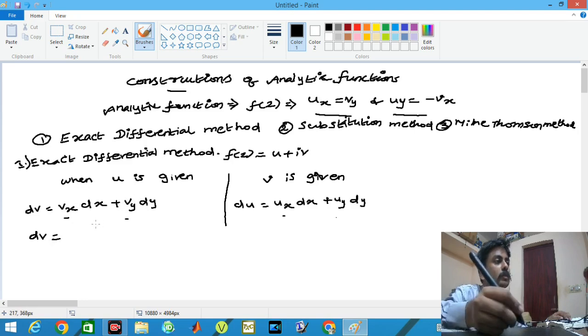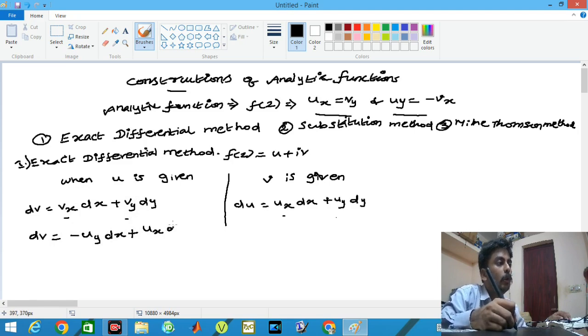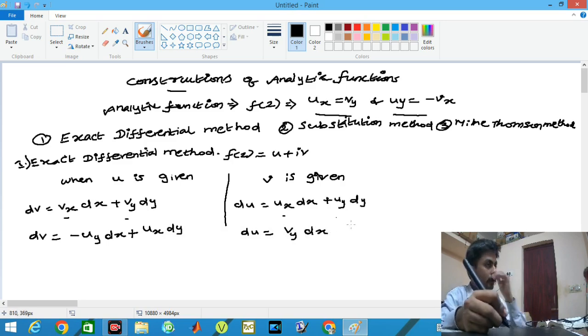So vx can be written as minus uy dx, and vy can be written as ux dy. Similarly, in du, ux can be written as vy dx and uy can be written as minus vx dy.